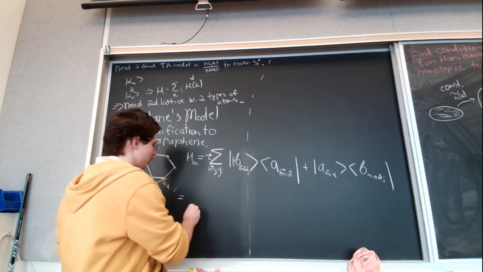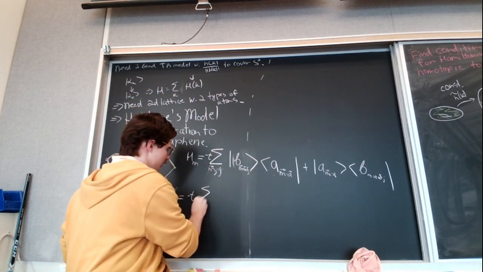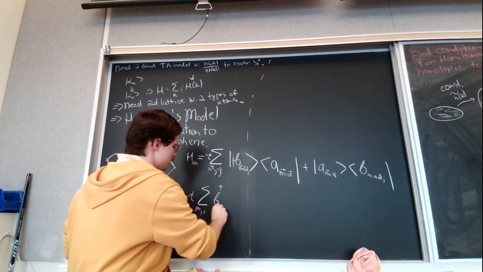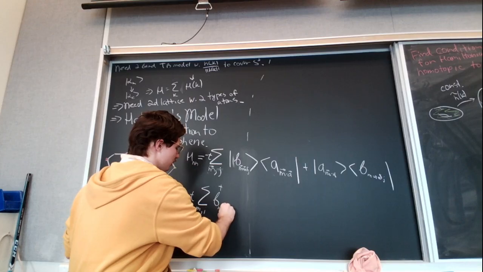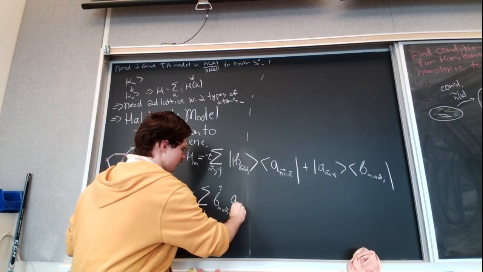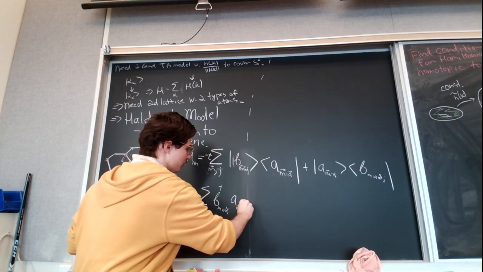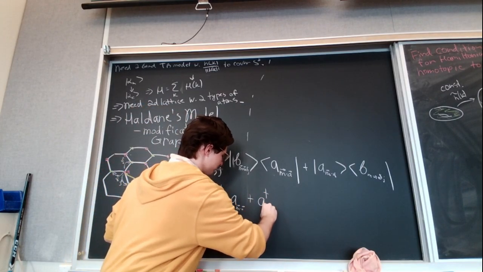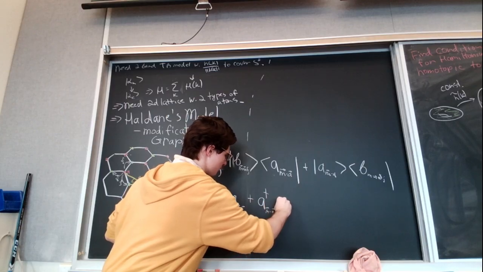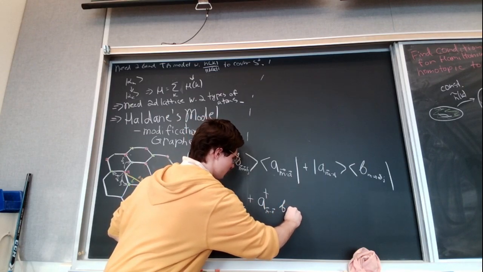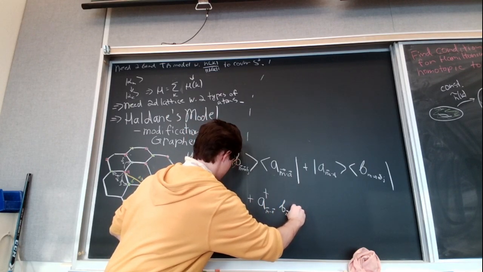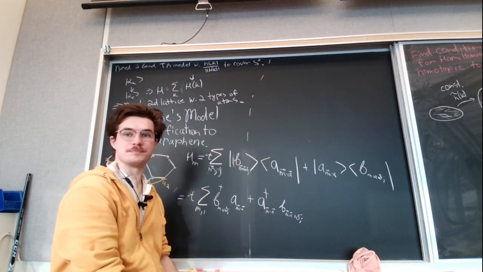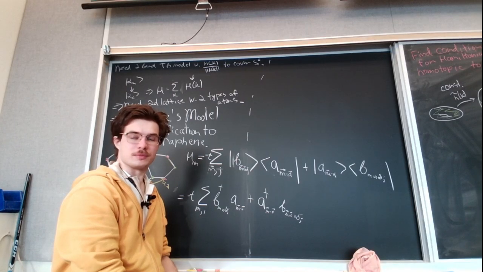Maybe it's a little bit easier: sum over m, j of B dagger at m dot a plus delta j, A annihilation operator at m dot a, and then plus the Hermitian conjugate, which is A dagger at m dot a, B at m dot a plus delta j. Okay, do you agree?